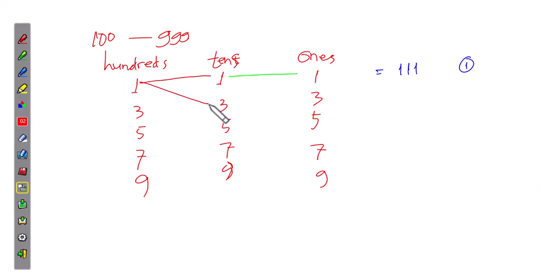We start from the smallest number, 111, then we go 113, 115, 117, 119. So for the 100s and 110s, we have 5 combinations.